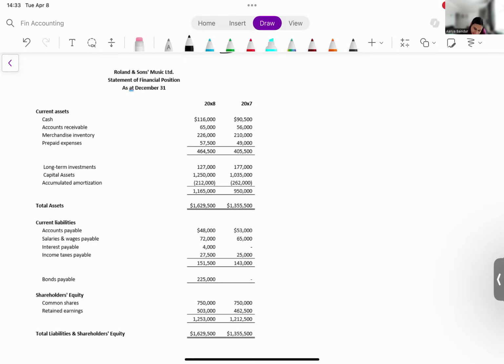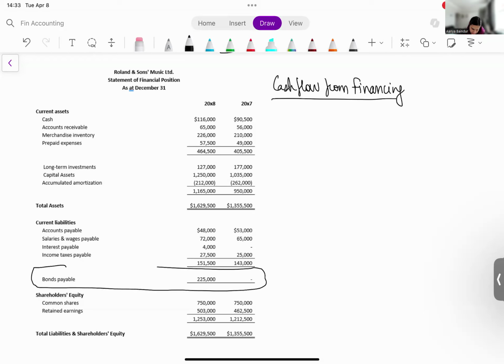So now we go to our cash flows from financing. When we're doing cash flows from financing, we worry about the long-term liabilities, which in this case is just one, and our equity section. So the very first item is let's deal with the long-term liabilities.